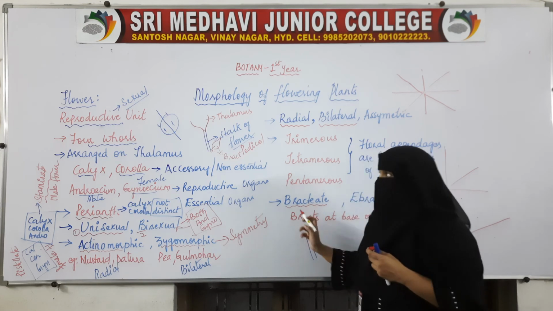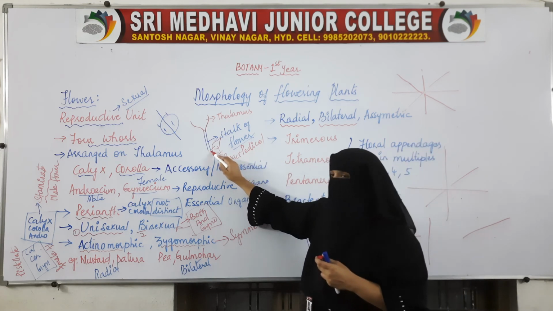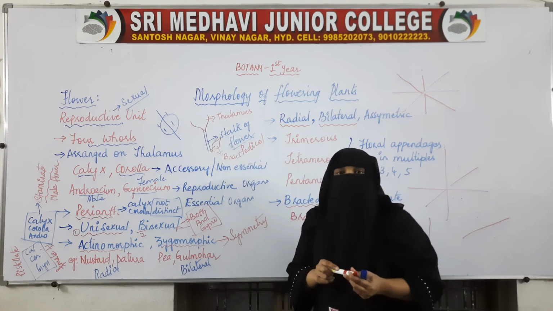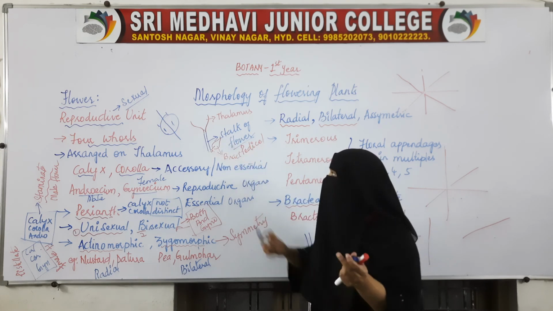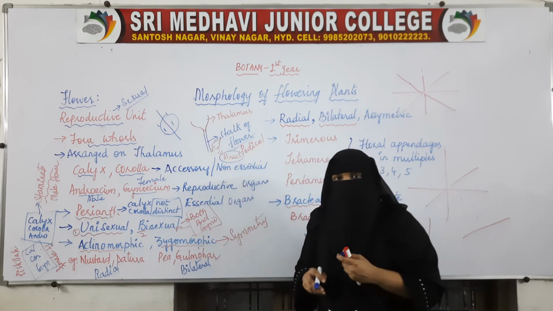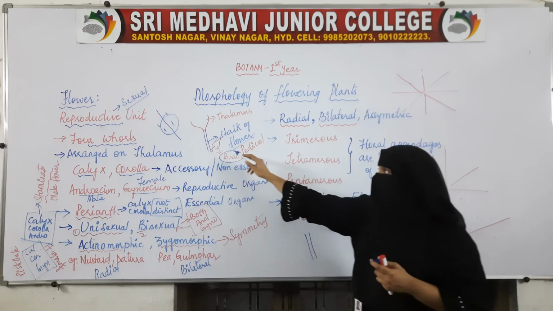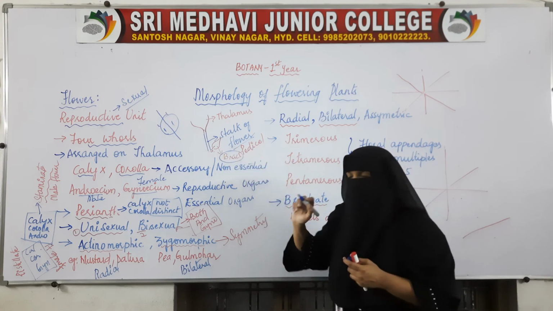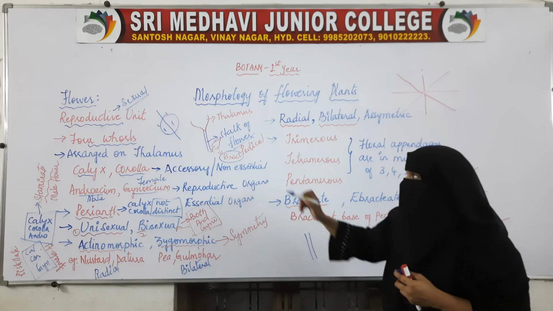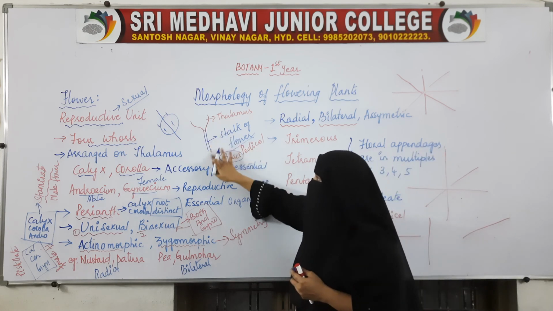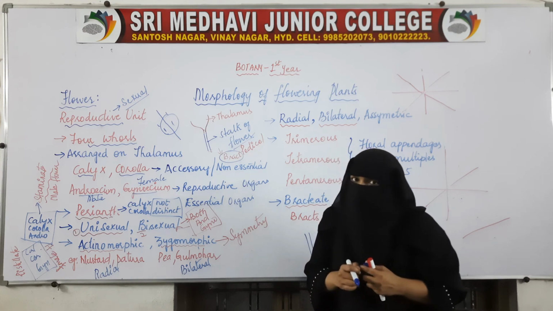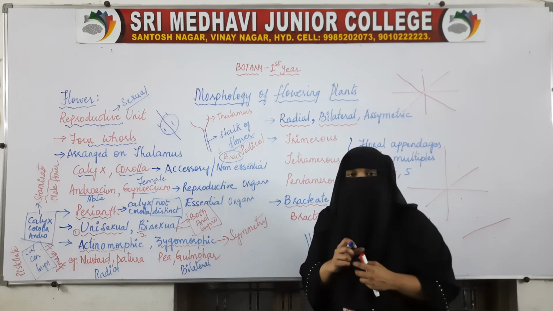See here, at the base of this pedicel a leaf-like structure will be present. That leaf-like structure is called a bract. And if a flower has this bract, then that flower is called a bracteate flower. It is not necessary that it should have it; a flower can have a bract or cannot have a bract.